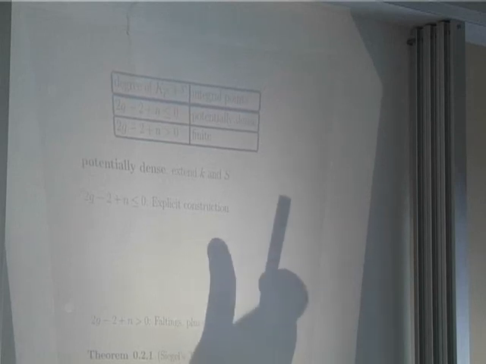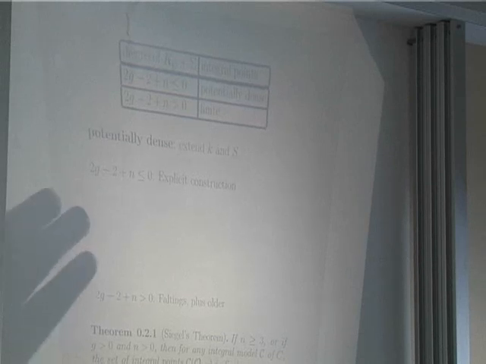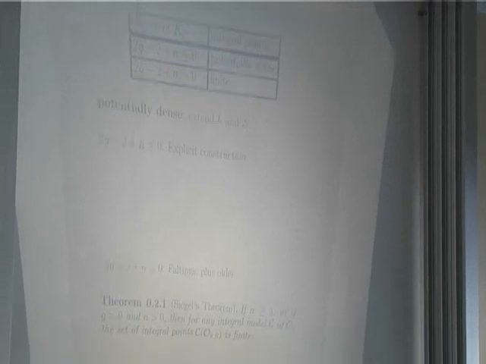Again, before I explain why this is true, potentially dense, I need to explain that, and that's because there's one example that I will tell you about in a minute, that of the multiplicative group, which is an affine curve defined by the equation x times y equals 1.